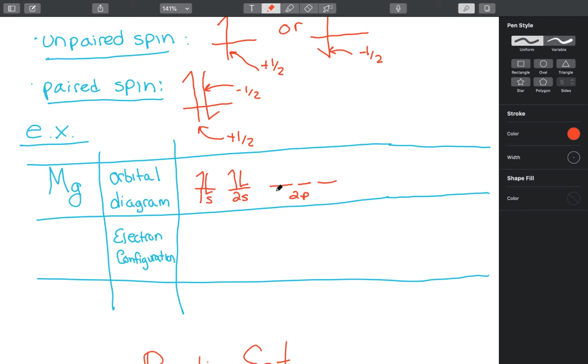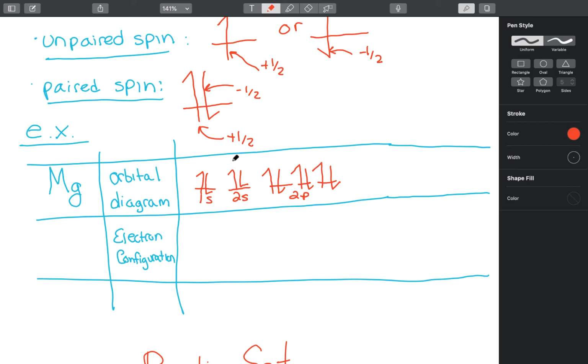Whenever you fill degenerate subshells, always fill it like so: 1, 2, 3, 4, 5, 6. Before pairing up electrons in a particular orbital, make sure an electron occupies each of the degenerate orbitals first before pairing specific electrons together.